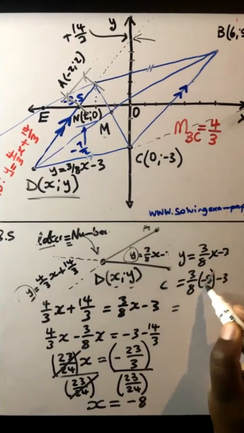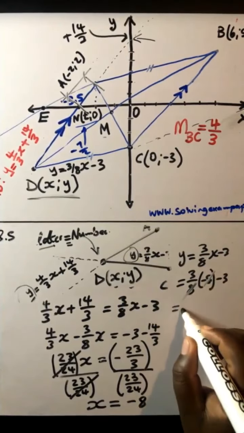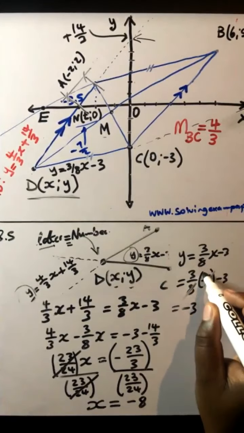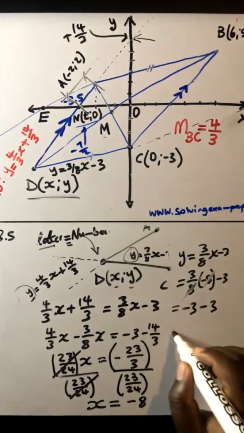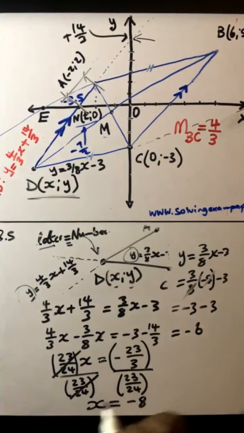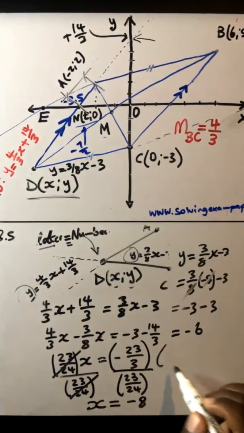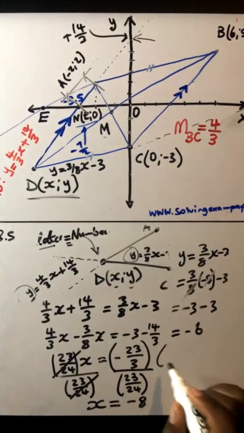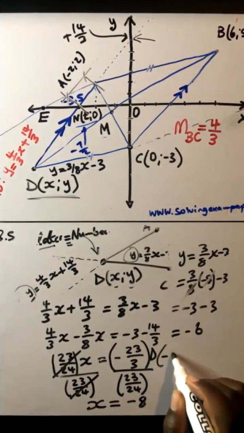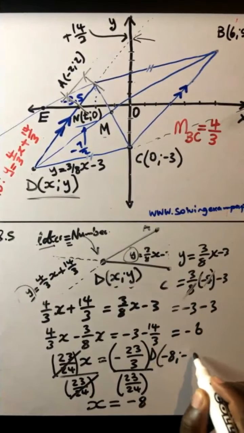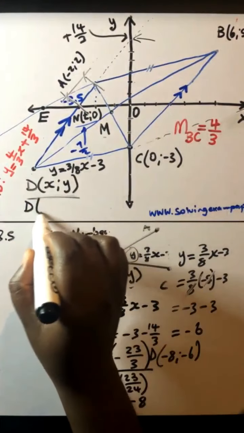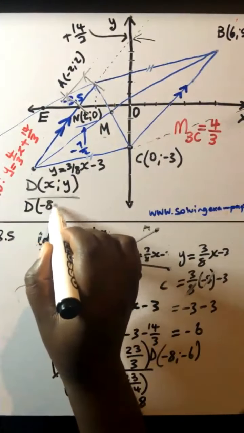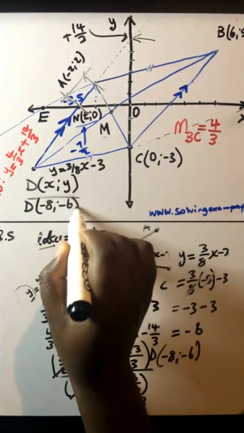The 8 is going to cancel, then you've got minus 3 minus 3, which is negative 6, which means the coordinates of D are negative 8 and negative 6.